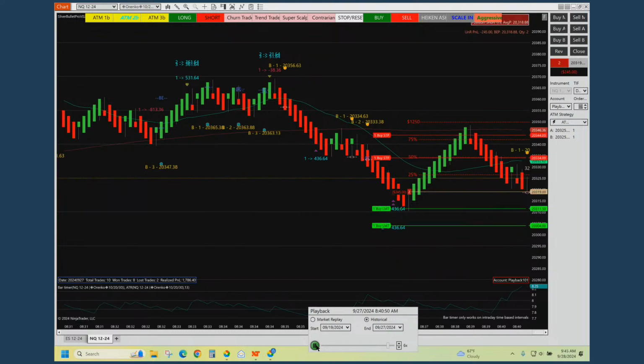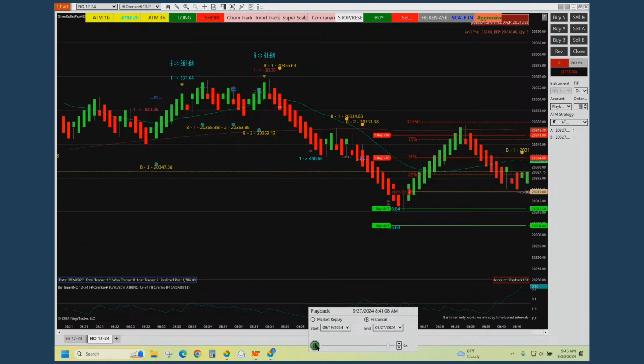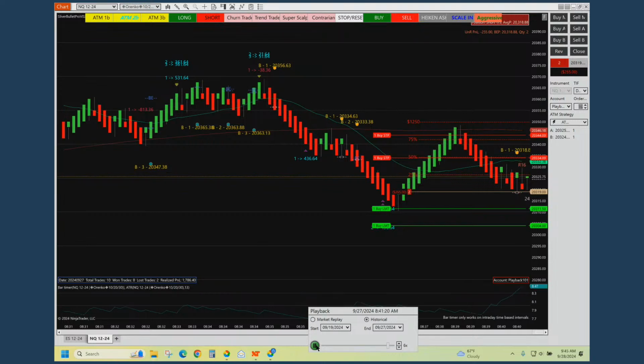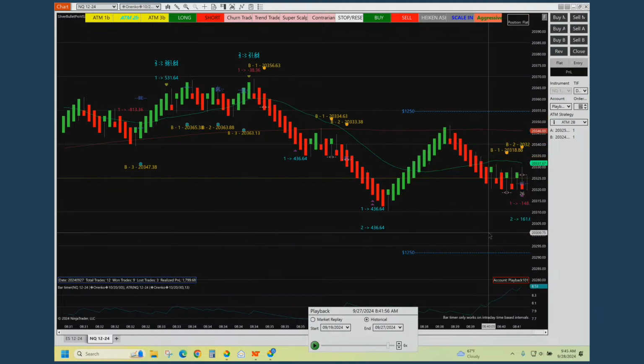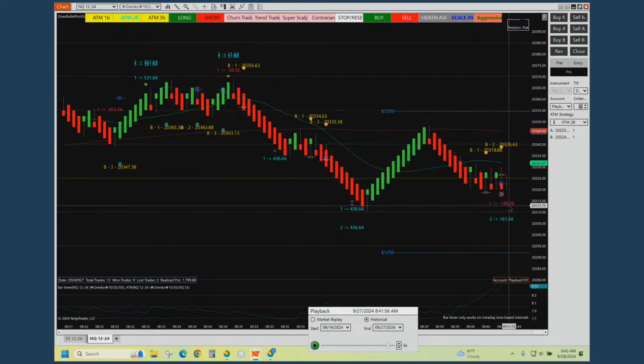Order filled. Order filled. Target filled. All right. So this was one more, I would call it a scratch trade. It came out for break even. The software decides if it has to scale in when the price went against the current position, it tries to come out for break even.